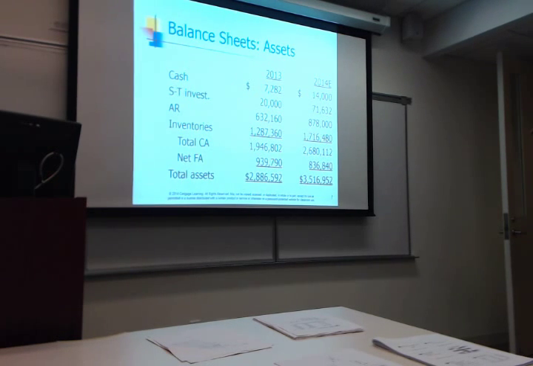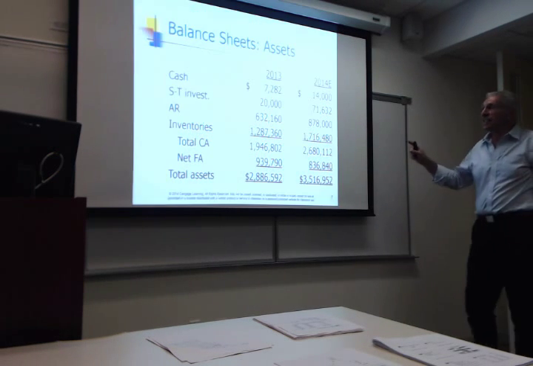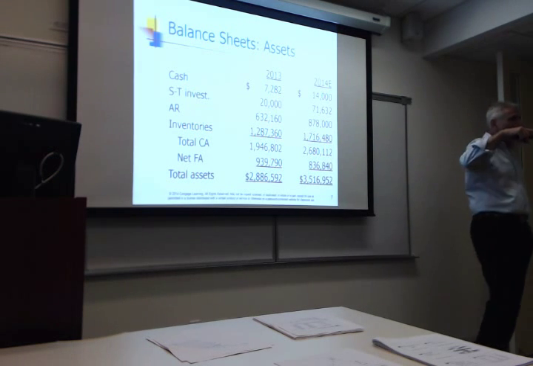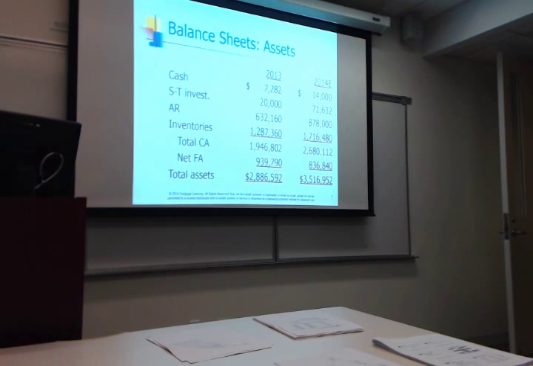Okay, so later on when we look at the ratios, we're going to find out how efficiently they're using these assets to get to their net income. But one way to increase your sales is to increase your market share. If the market's not growing, then you've got to take business away. So if you're out buying a car, as I said, you can relate all this to your personal life.